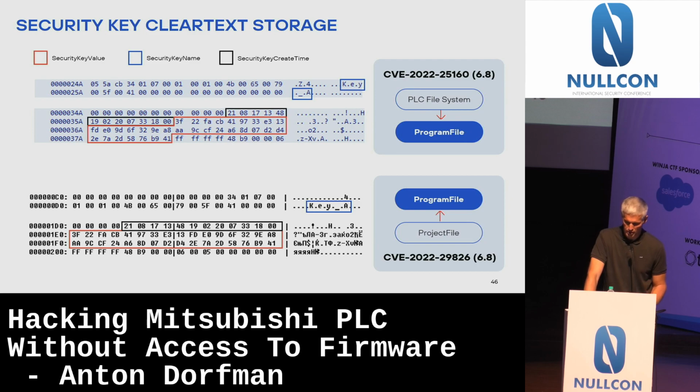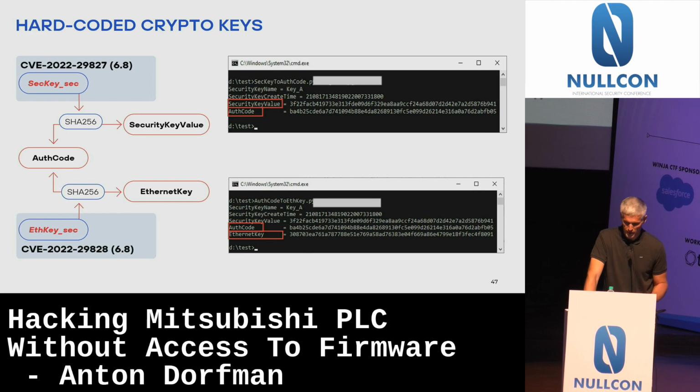One of them is at the top in the PLC, and one at the bottom in the program file inside the PC. So that's also pretty simple. And these 2 bugs concern the transformation between the auth code and the security key value, and between the auth code and the Ethernet key. And on the right you can see the scripts that just get one secret from another.